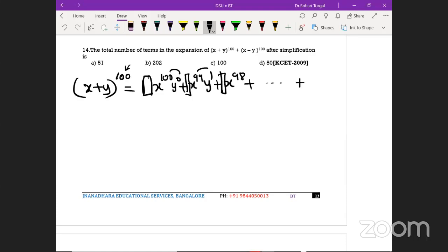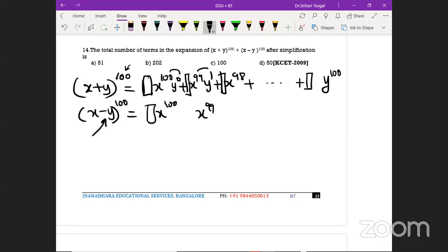Plus some number into y power 100 as the last term. Okay. Now, x minus y whole power 100 is equal to x power 100, x power 99, like this. But because of this negative sign, you need to write plus, minus.